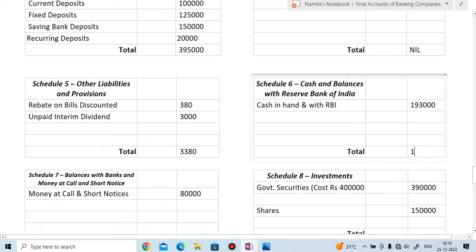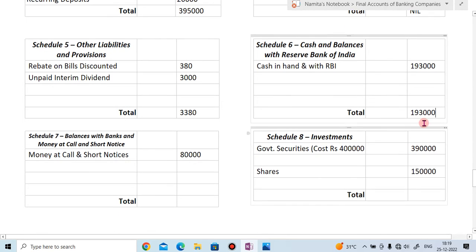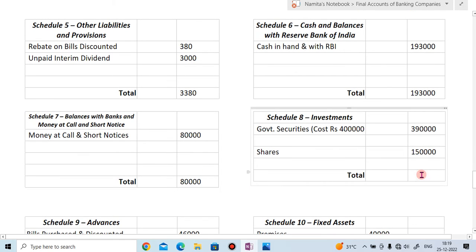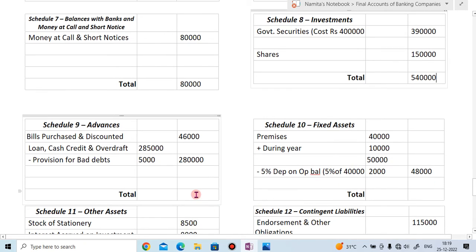Now close the assets. Now there is only one entry in the schedule number 6, that is 1,39,000. No, sorry, 1,93,000. Then schedule number 7, 80,000. Schedule number 8, investment 5,40,000. Schedule number 9, 46,000 plus 2,80,000.